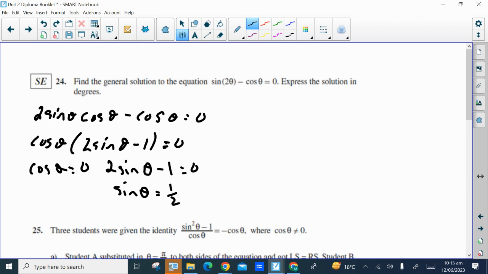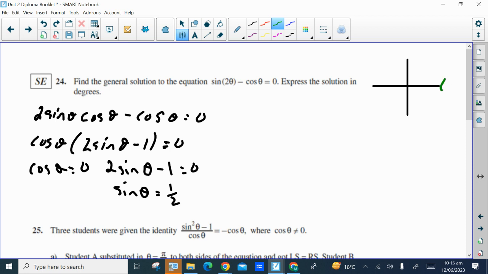So our general solutions come from first finding the solutions between 0 and 2 pi. On the unit circle, let's start with the coordinates at each axis.